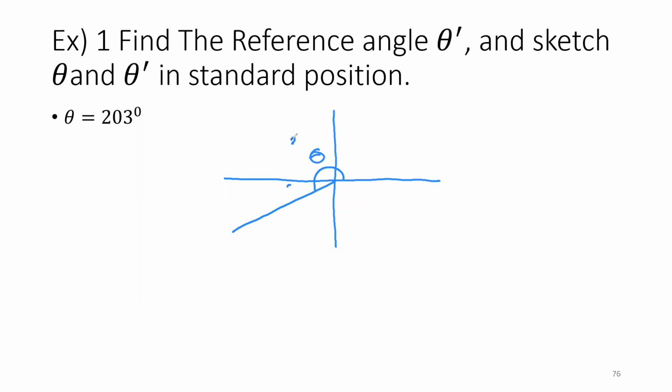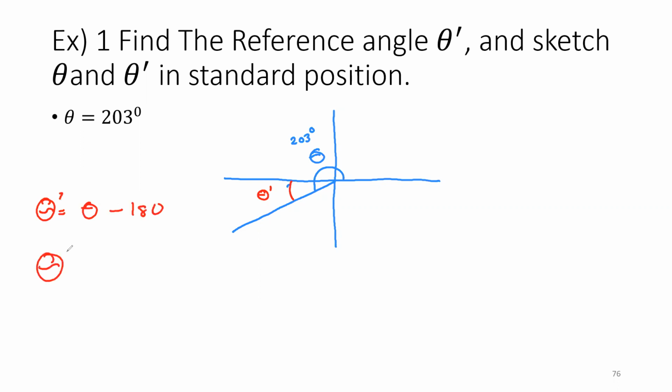So this is 203. And then we've got to find a reference angle, which is a smaller acute angle. So this is your reference angle. This would be theta prime. So you are in quadrant 3, right? The rule states to find your theta prime, it is theta minus 180, right?